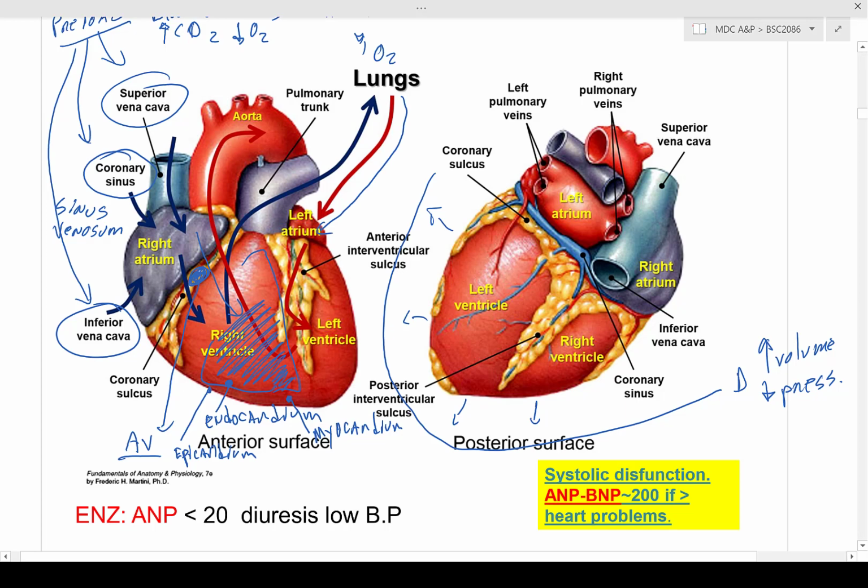I'm not even talking about any names of vessels. So that blood now fills the atrium on the left. As the atrium gets filled, the valve opens, and the left ventricle now gets filled with blood. And the same thing happens on the opposite side at the same time. What happens? Increasing volume and decreasing pressure, both on the right and on the left.